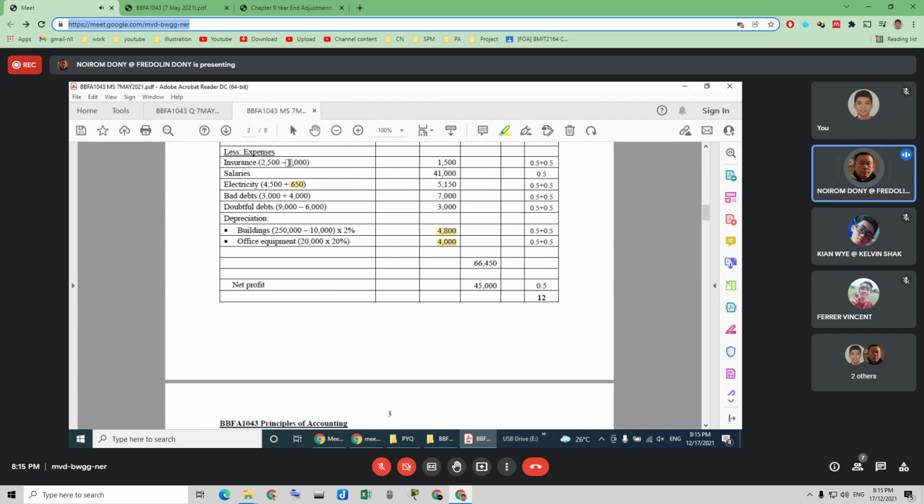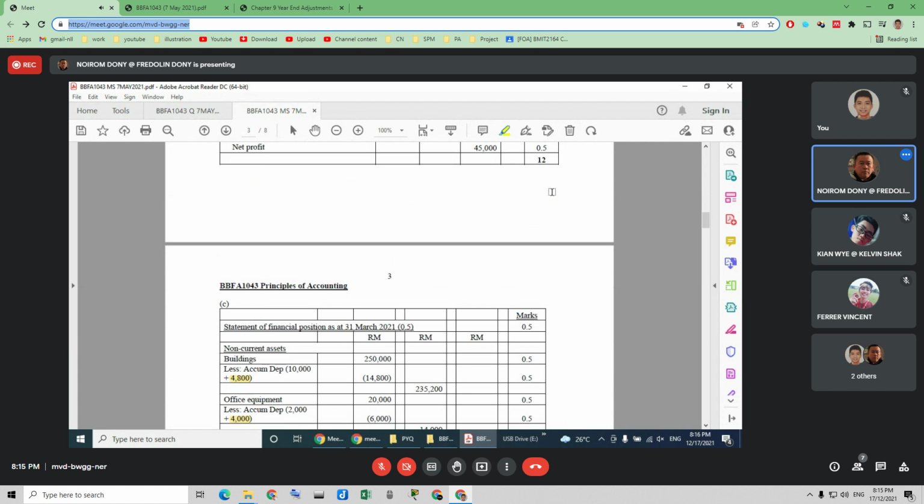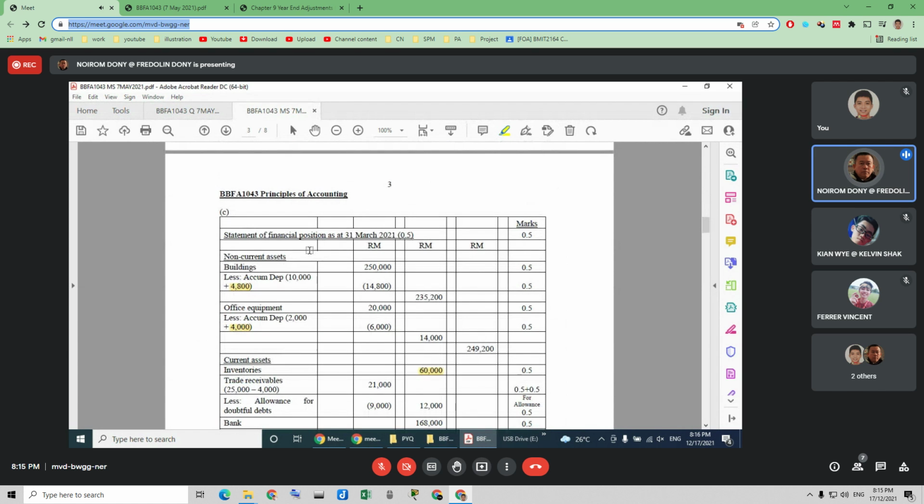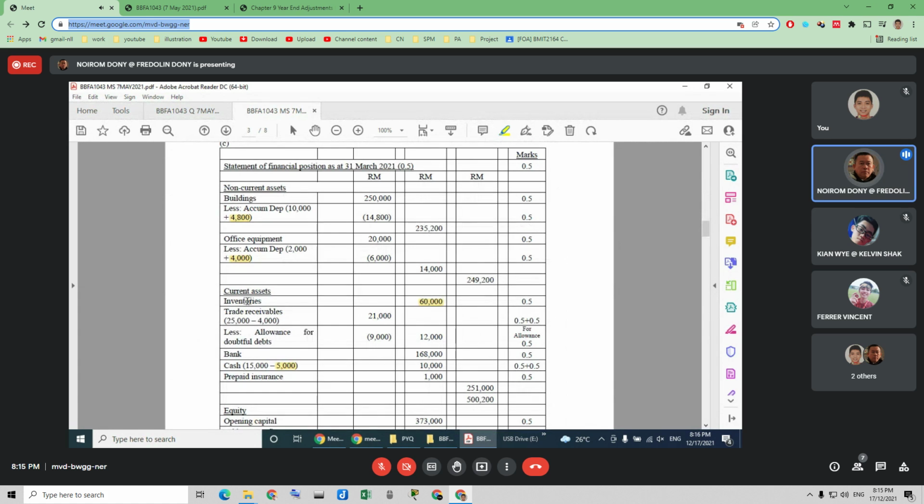So when you minus 1,000, this is a credit entry. So where is the debit entry? The debit entry will be when you provide in SOFP, under current asset, prepaid insurance, 1,000.